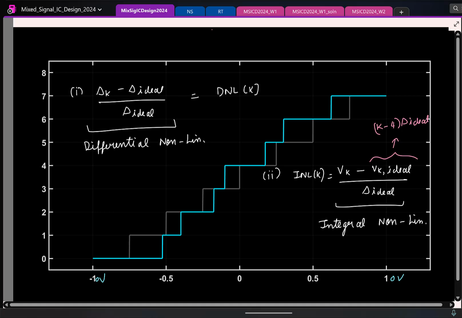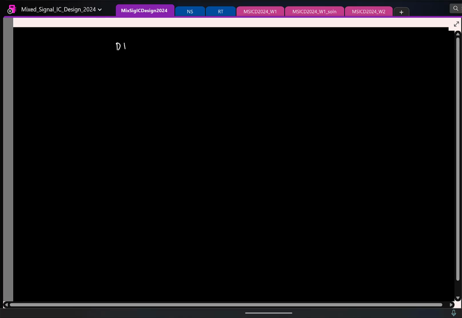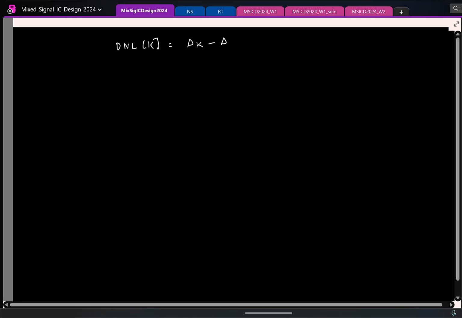So with that in mind, let's actually look at this. Let me rewrite these things. DNL of k is delta k minus delta ideal by delta ideal. INL of k is basically Vk minus Vk ideal. Vk ideal I'll replace as k minus 4 delta.